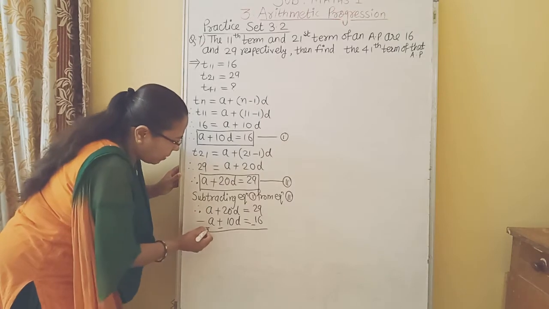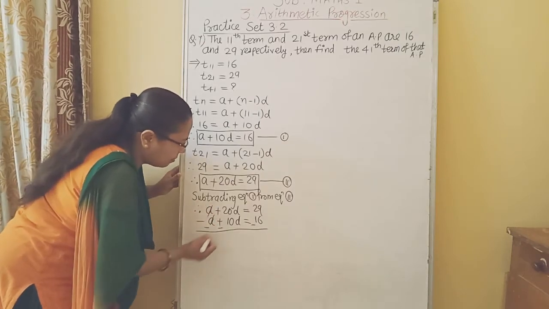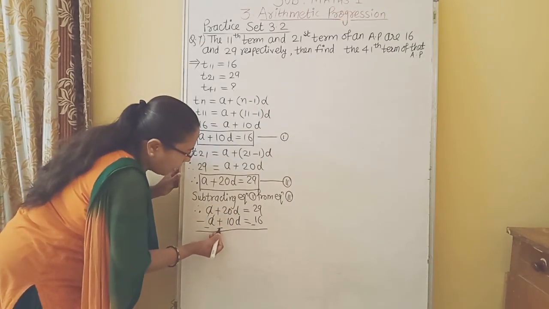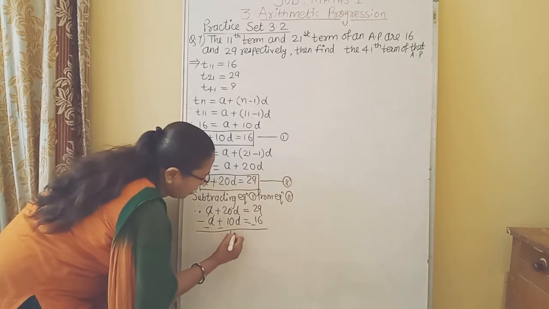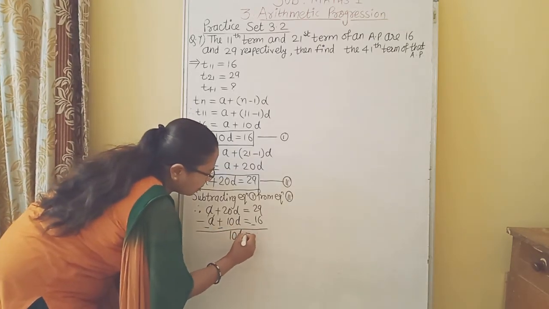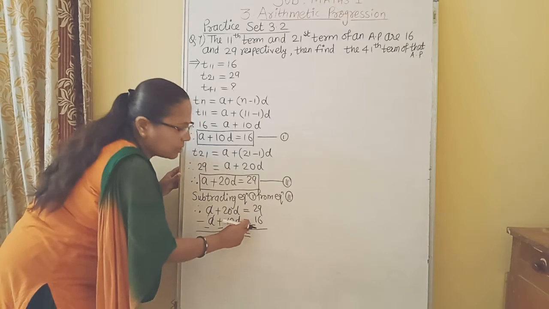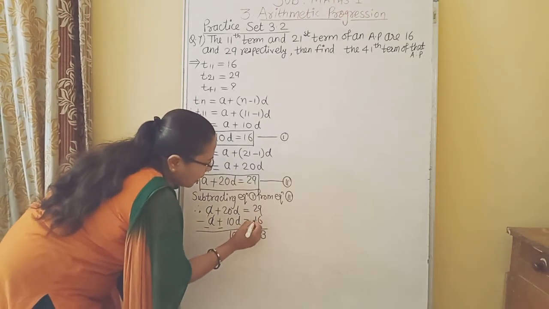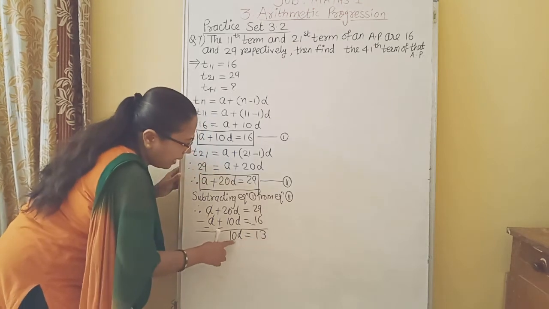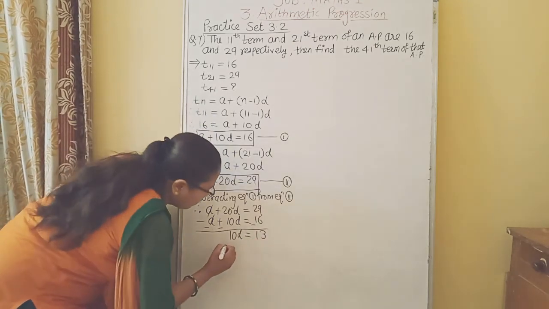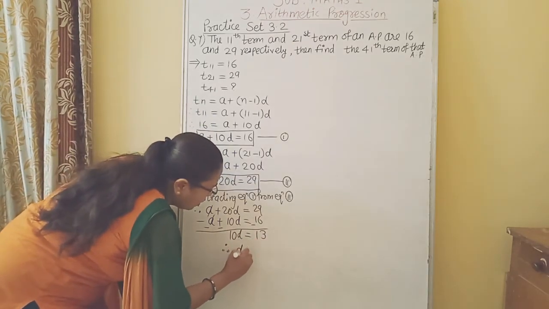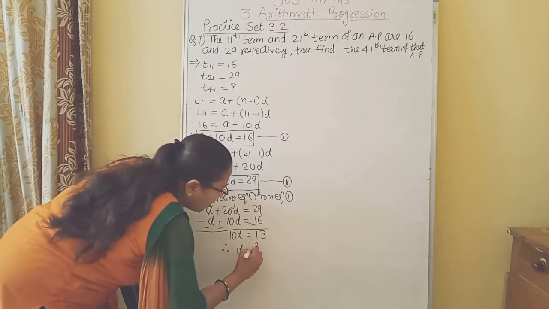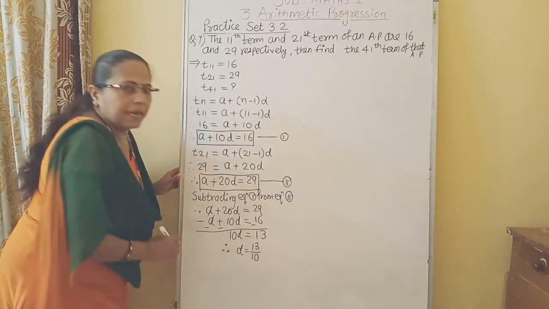Now A minus A gets cancelled. 20D minus 10D, we get 10D. And 29 minus 16 is 13. So 10D equal to 13. Therefore, D is equal to 13 divided by 10.